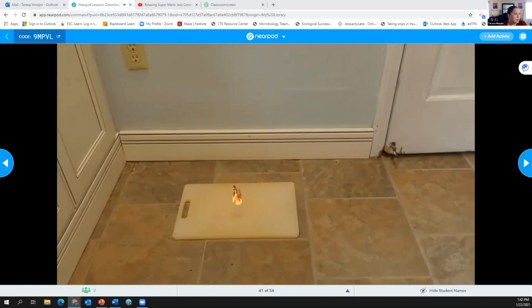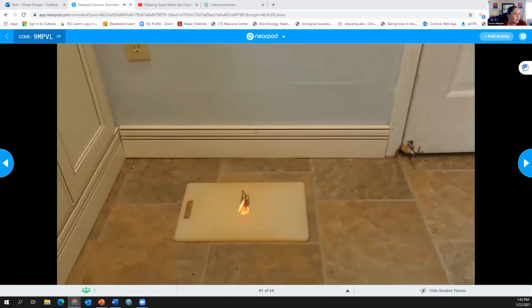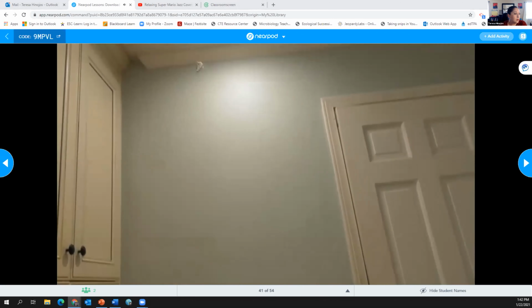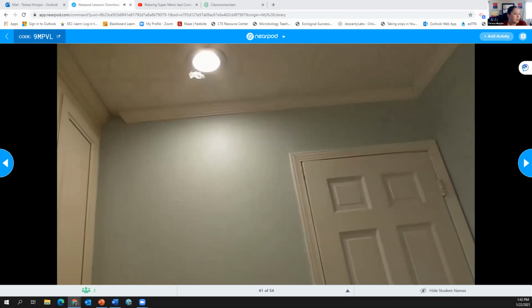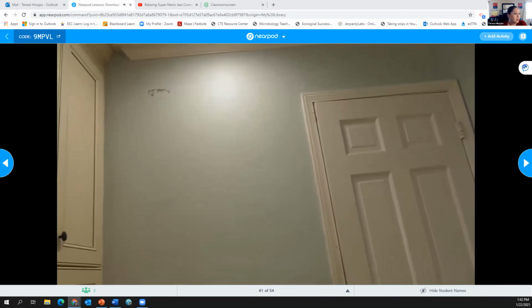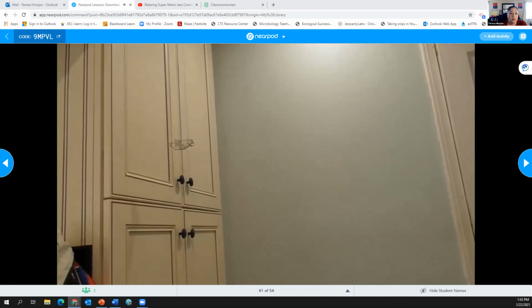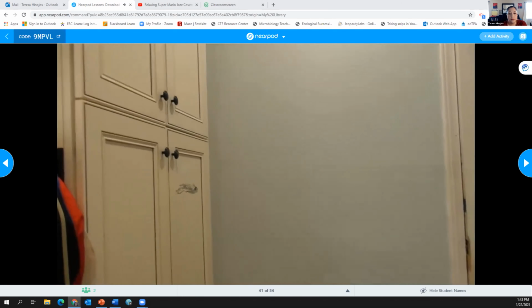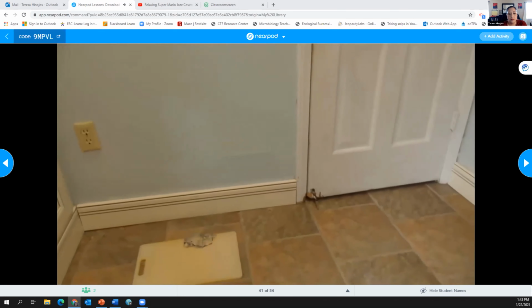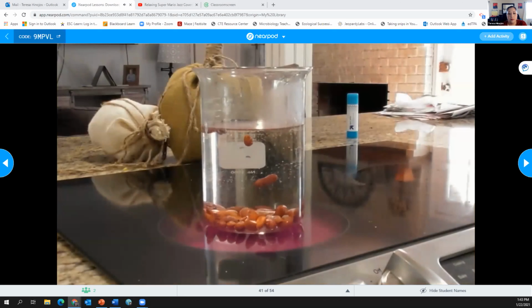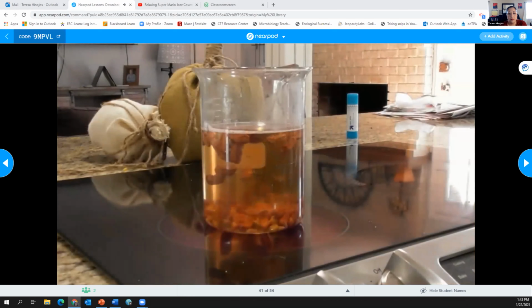The burning paper is swept up in the convection current, cools, and falls back down. These beans are another example of convection. As the beans warm up, they rise and then cool and fall back down, and repeat this over and over again.